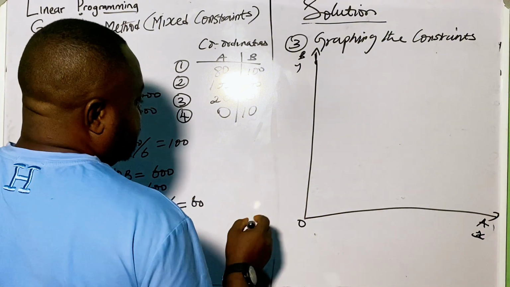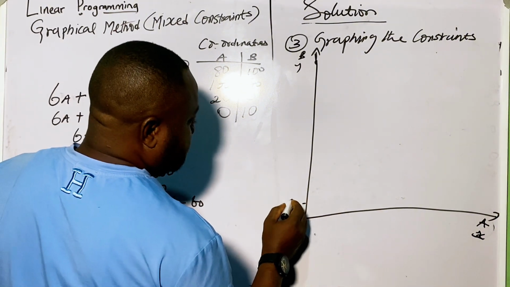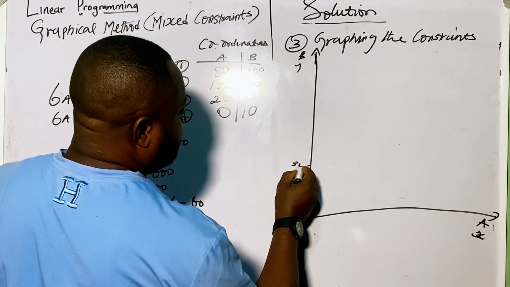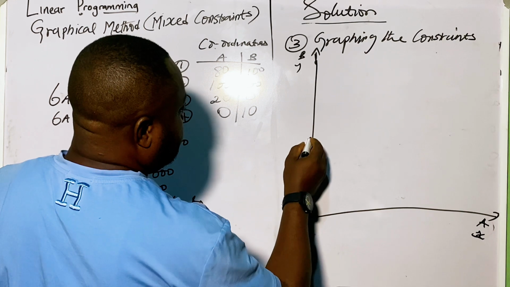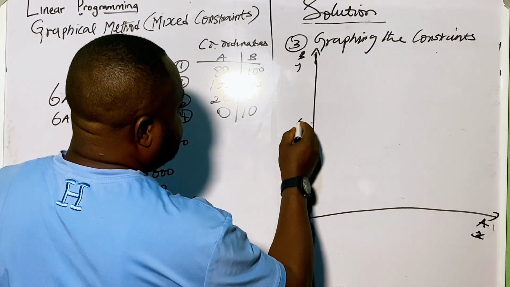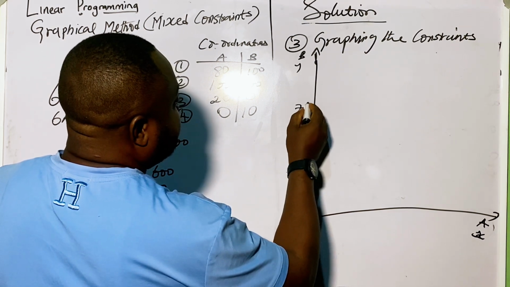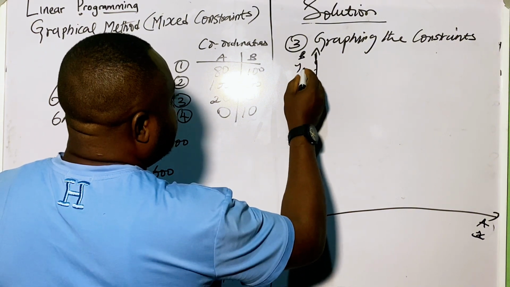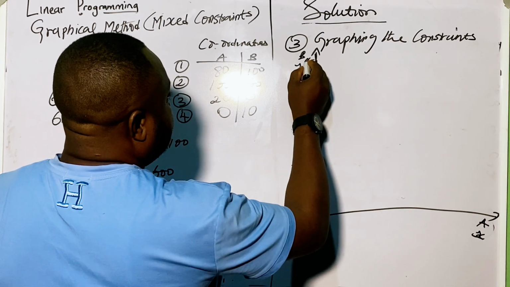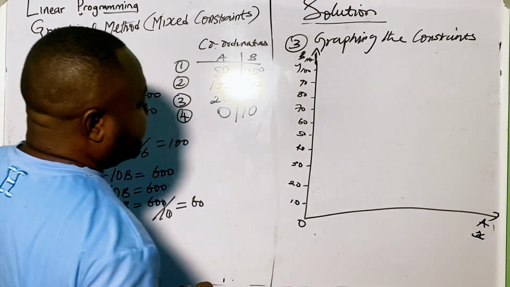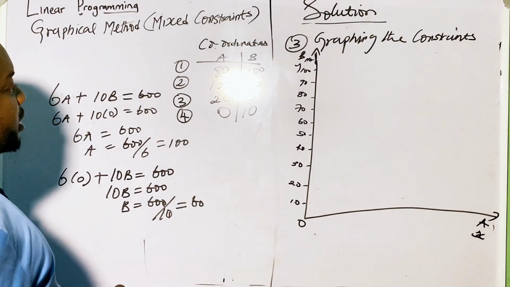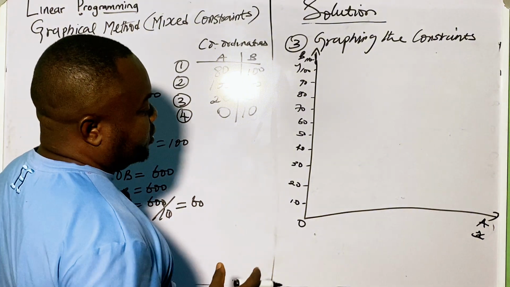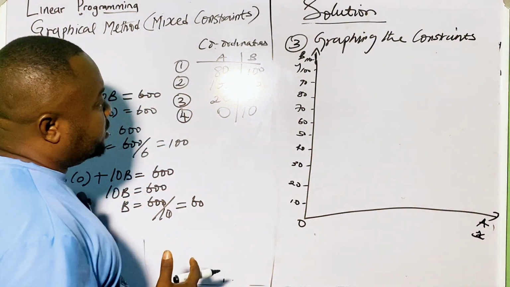So because they're in the tens, we can choose 10, 20, 30, 40, 50, 60, 70, 80, 90, 100, 110.